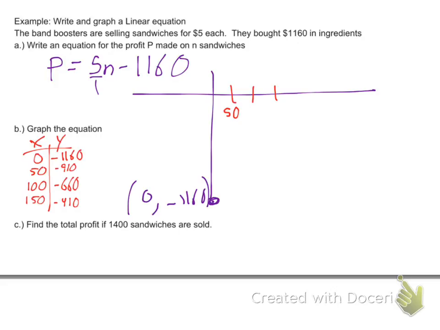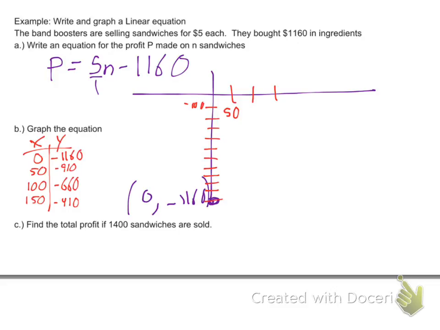So now we can start to plot these. I've got about 11 tick marks going down the y-axis, and each one going across, so this is all 100. The other ones are going by 50s.